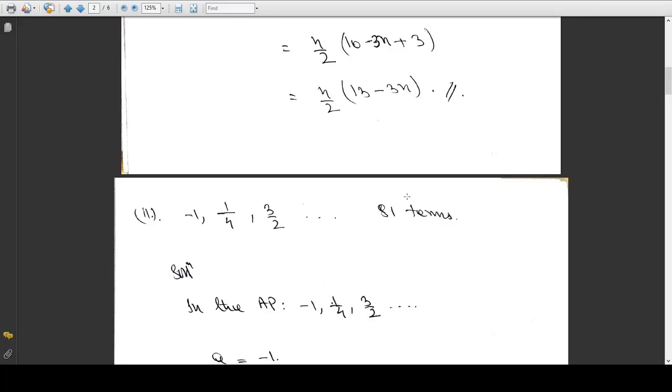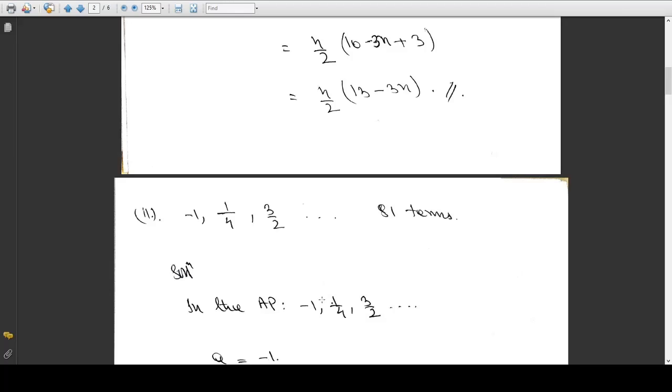That means n here is 81. First term, second term, third term, fourth term, fifth term, up to the 81st term. We have to find the sum.